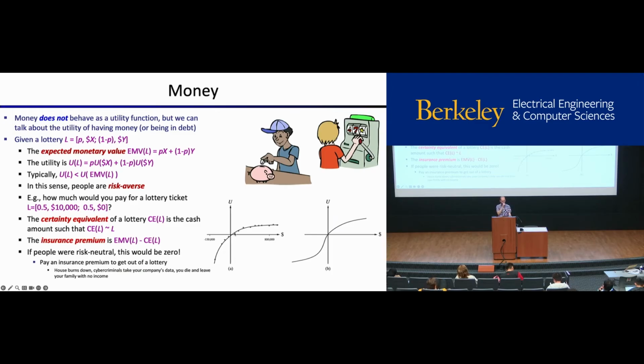So if you look at a point like here and a point there, the utility of lotteries will be somewhere on a line connecting these, but the utility of just having the expected monetary value of the lottery is going to be greater, typically. You'd rather have the certainty of a slightly smaller amount.